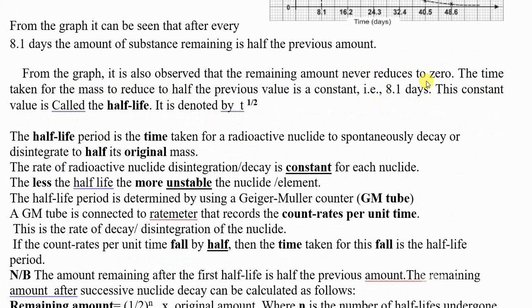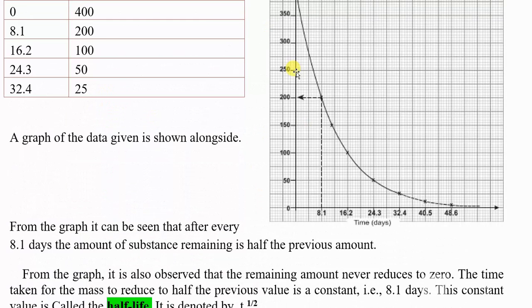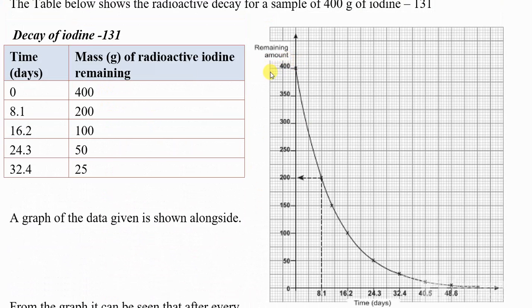Very correct, very important. This constant value is called a half-life. So the reason why I want you to do this is to know a half-life. What is a half-life? The time taken for this mass to decay from 400 to 200 is what is called a half-life.